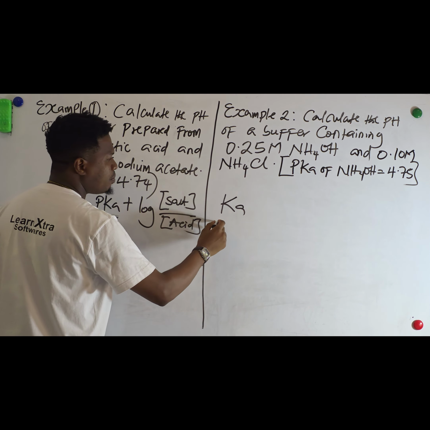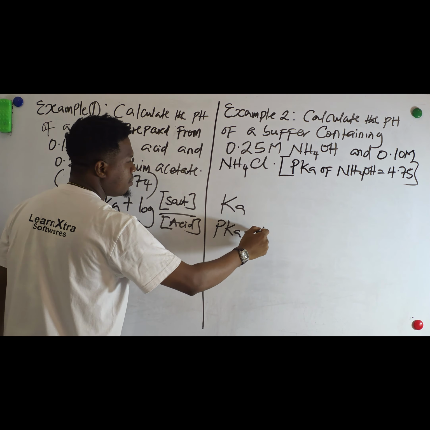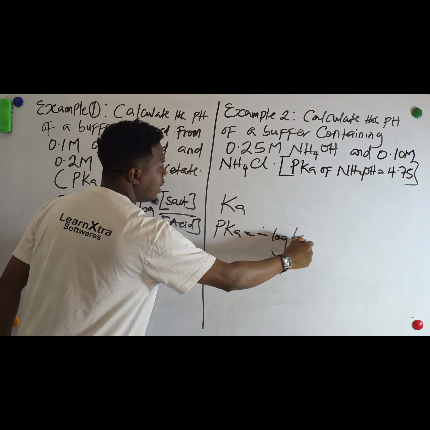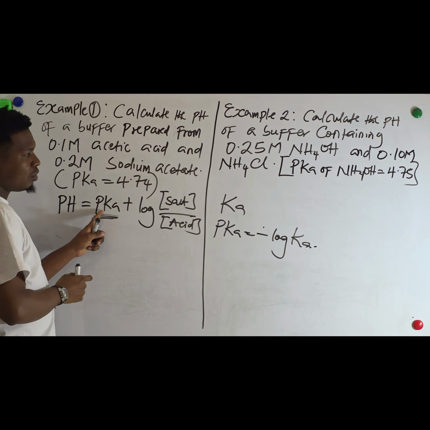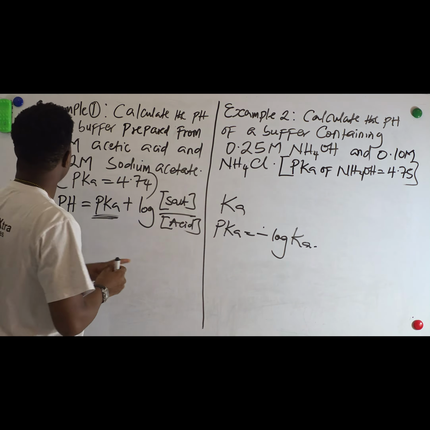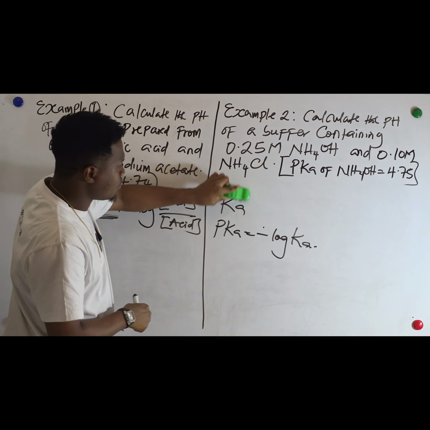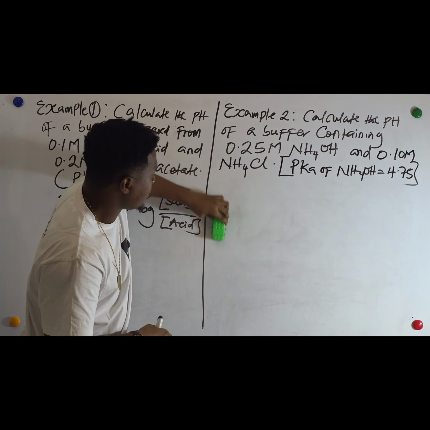How? Remember that pKa is minus log of the Ka. Take note of this. So in case you are not given the pKa directly, you can be given the Ka, find the pKa, and then substitute it here and solve. Take note of what I just did here.